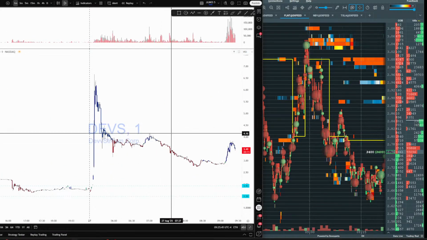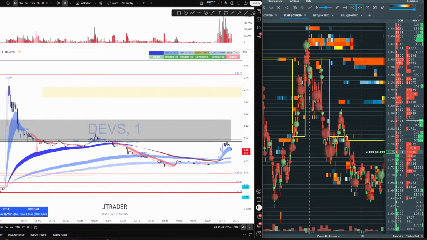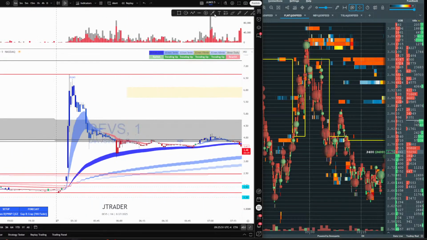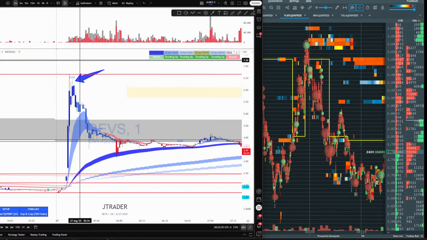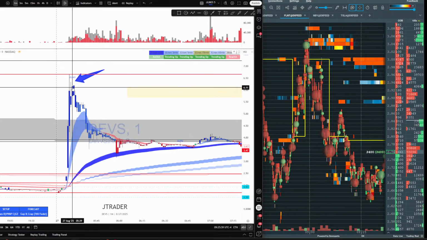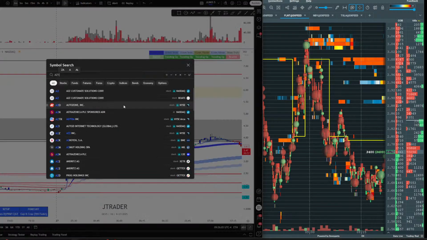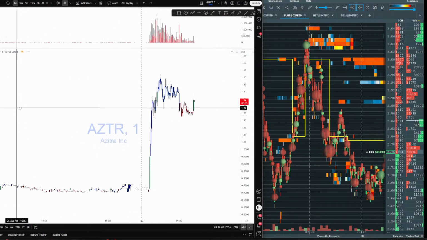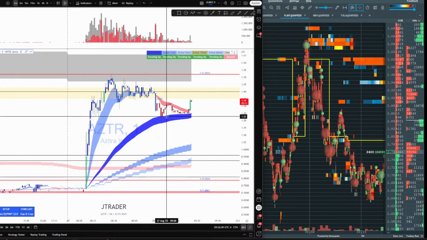Let's also keep devs over here. You can see this morning where we had the short setup. The daily level that we had was 720, 725. We had a short play all the way down back to the JLines. I'm just following the system both for long and short.